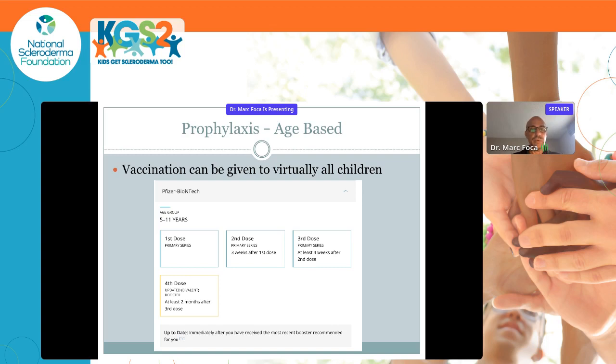This is the schedule for Pfizer vaccine, RNA vaccine for ages 5 to 11. You can see their primary series is a 3-dose series, or should be a 3-dose series, 3 weeks apart between the first and second dose, and then at least 4 weeks for the next dose.